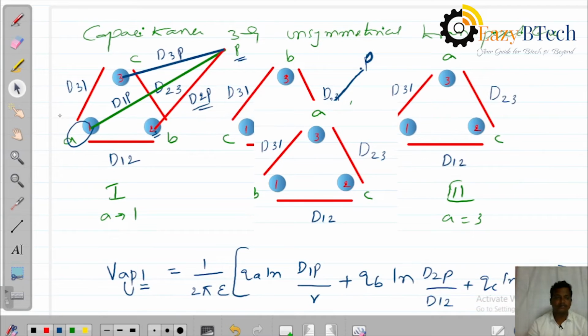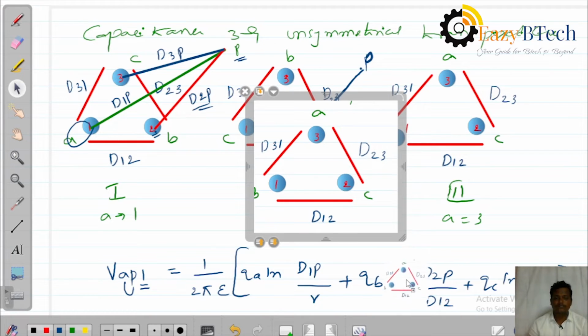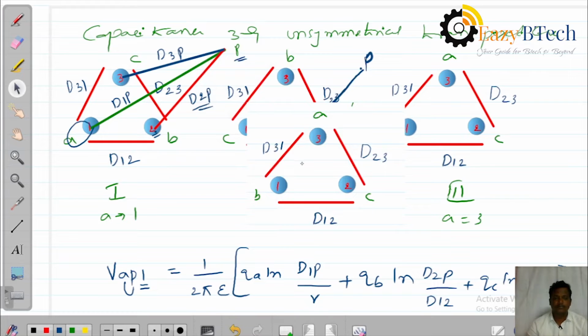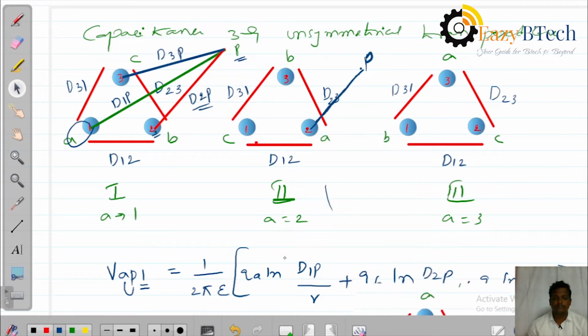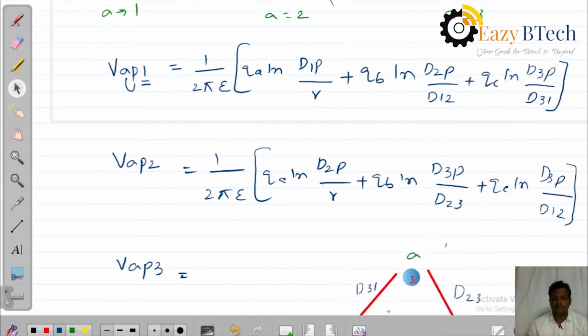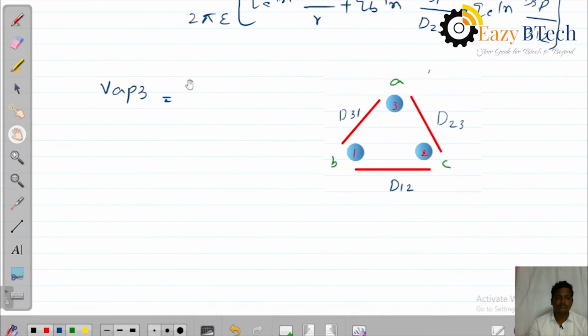I will write this conductor A at position 3.